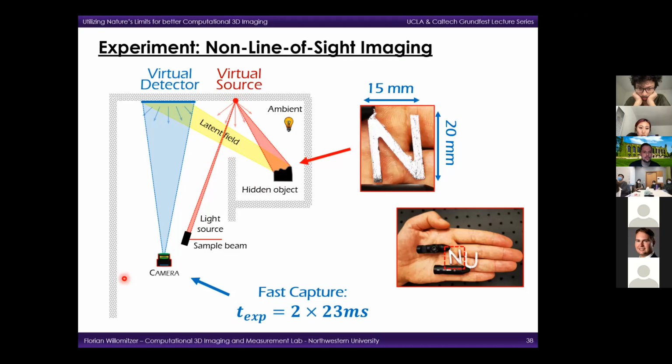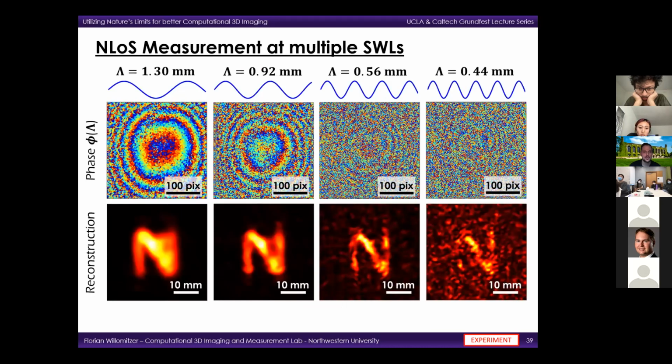And it's important to note here that both camera and illumination, they cannot directly see the hidden object. And the hidden object here in this case is this small cutout letter N here. And I directly jump to the results, which are captured for different synthetic wavelengths. So the captured phase maps of the synthetic holograms here on the top and the reconstruction of the letter on the bottom.